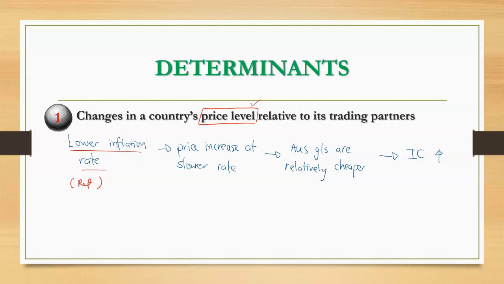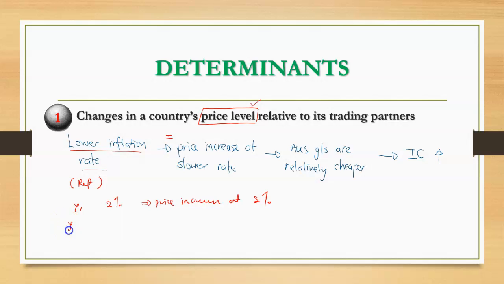A lower inflation rate would mean the price of your country's product will increase at a slower rate, as long as it is not negative. If it is lower, the price will still increase, but at a slower rate. For example, if in year one the inflation rate was 2%, it will mean price will increase at 2%.